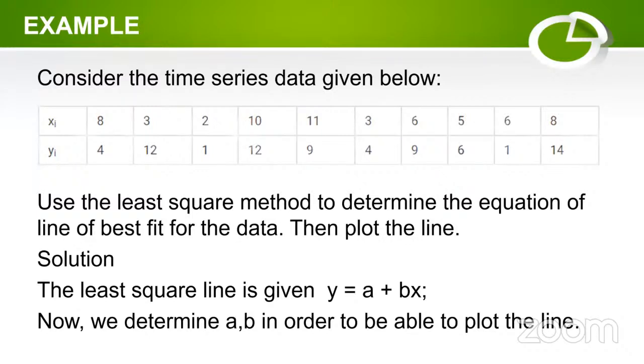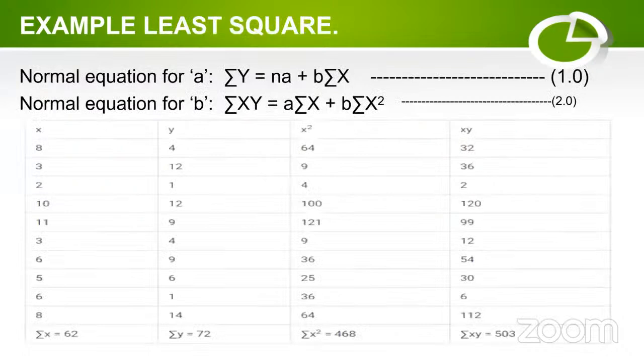Now, in order to determine our a and b coefficients to plot the line, we know the normal equation for a is the summation of y, which equals na plus b times the summation of x. And the normal equation for b is the summation of the product xy, which equals a times the summation of x plus b times the summation of x squared.